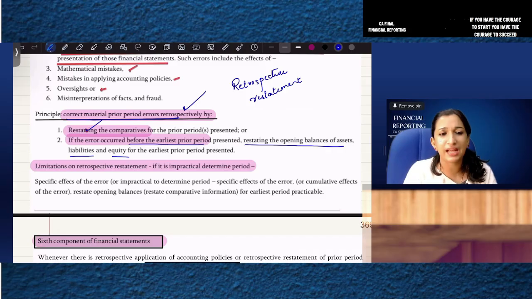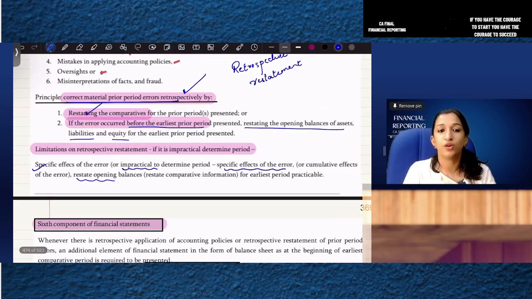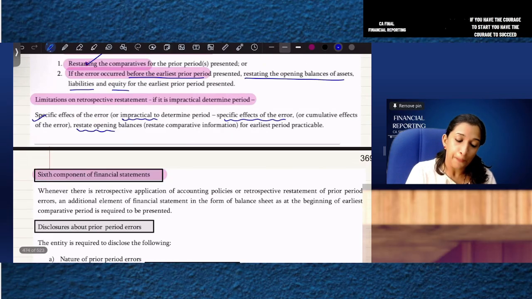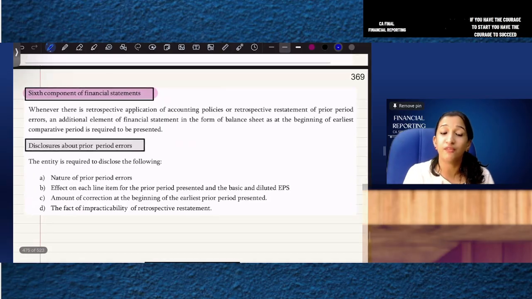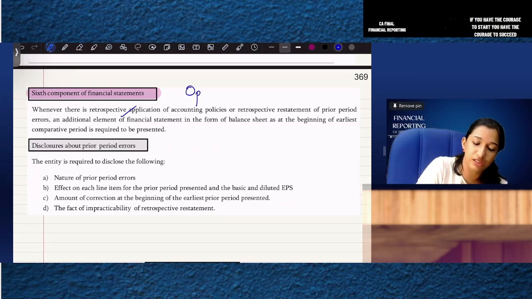If it is impracticable to determine the period-specific effects of the error, restate opening balances, applying as far as practical. Whenever you have retrospective application, the sixth component, that is the opening balance sheet, is required to be prepared.